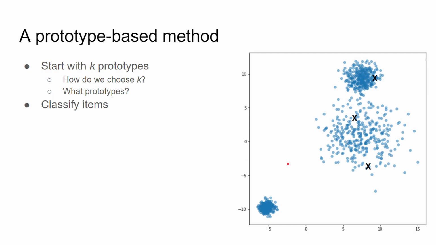Since this is based on distance, for the purposes of everything I'll do today, I'll use Euclidean distance. Lots of other distance measures are possible depending on your data, but we're just going to use Euclidean distance.